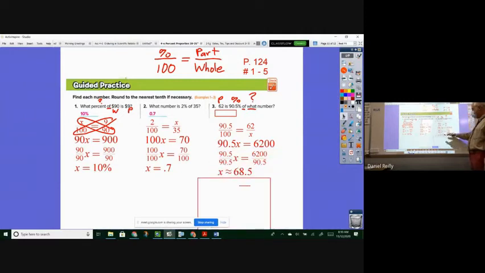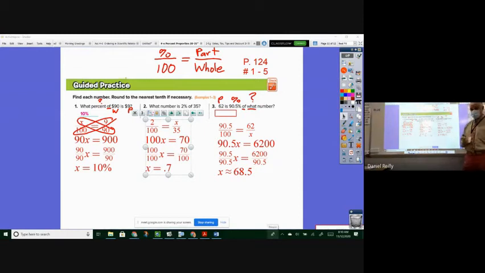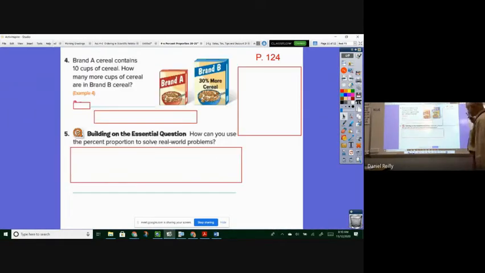Divide by 90.5 and you get 68.5, which I saw from many people. So good. Okay, so it says here, round to the nearest tenth, which means one place after the decimal point. So 69 would be rounded to the nearest whole, or nearest one. Okay, so watch your rounding instructions on all these problems.